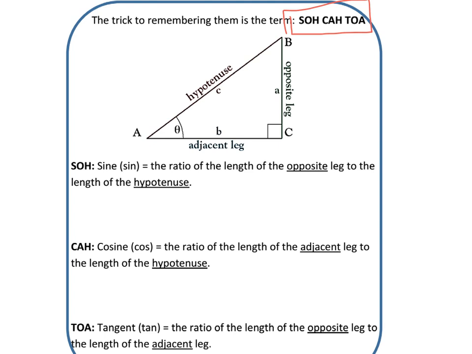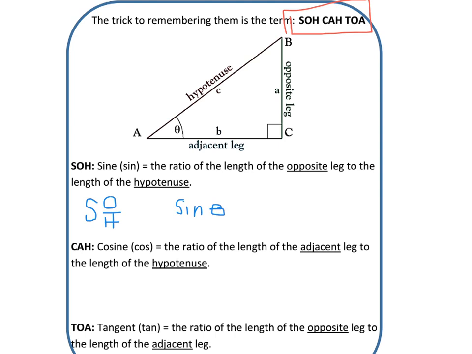The first ratio we're going to go over is SO. Another way we can write that is like this. Sine is the ratio of the length of the opposite leg to the length of the hypotenuse. So sine of theta, it's always sine of the angle.